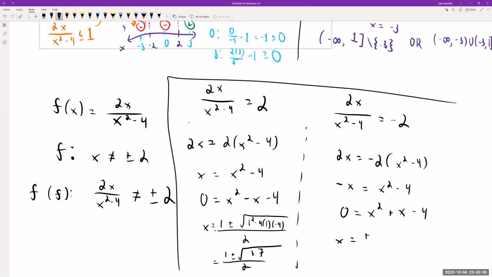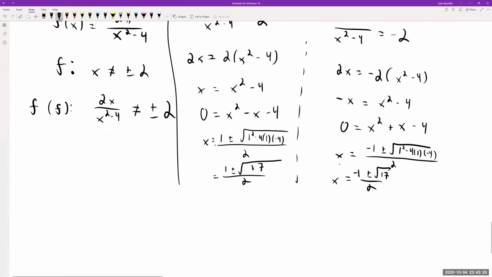Again, this won't factor, so we'll do quadratic formula. This time it's -1 plus or minus the square root of 1 plus 16, all over 2, giving us a very similar answer, -1 plus or minus the square root of 17 over 2.